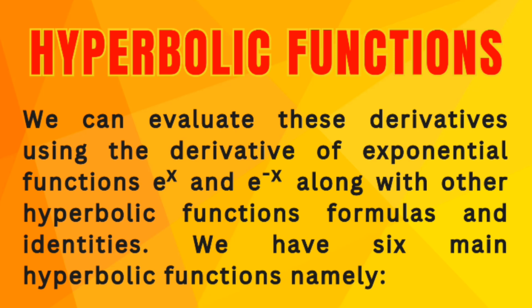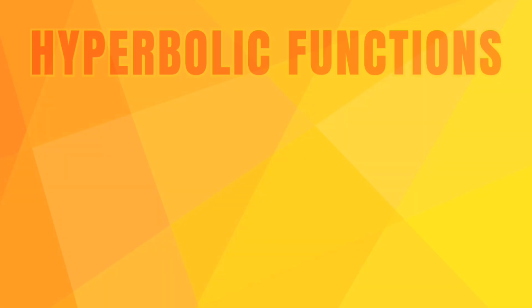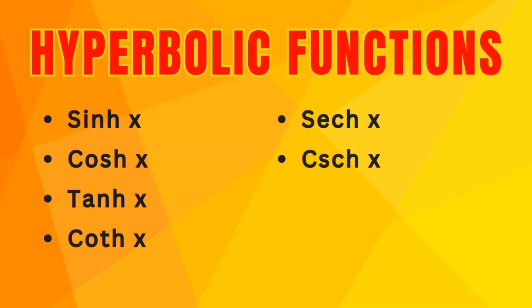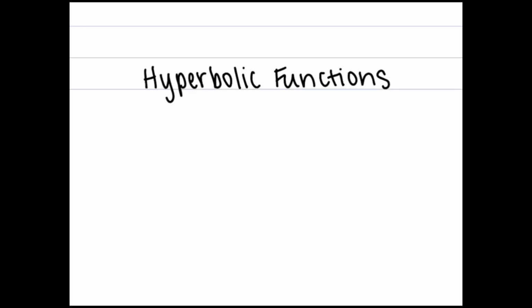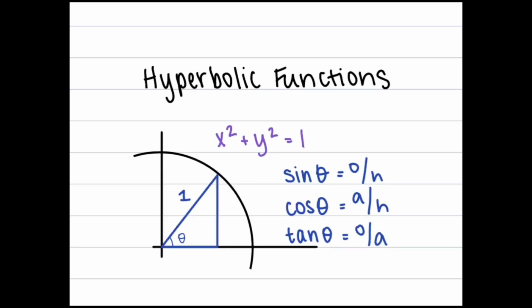Along with other hyperbolic functions, formulas, and identities, we have 6 main hyperbolic functions, namely sinh x, cosh x, tanh x, coth x, sech x, and csch x. So, where do hyperbolic functions come from? We know where trig comes from.